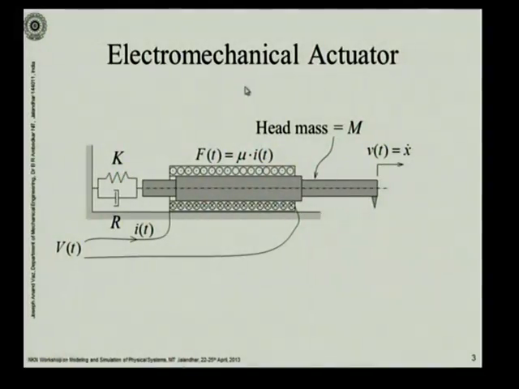Now you can see here that we have this electromechanical actuator. Oh, I have one problem. If I put this on, I cannot put this. Okay, so let us go back to the PC and let's see if we can make the bond graph here itself.